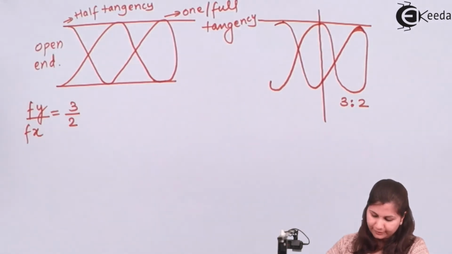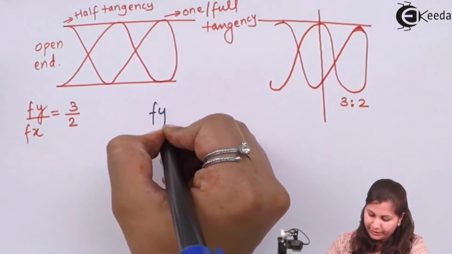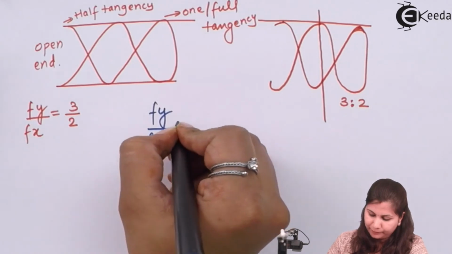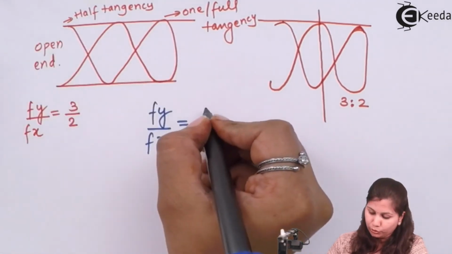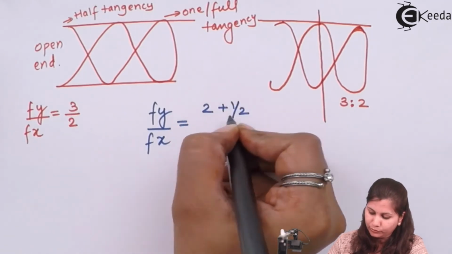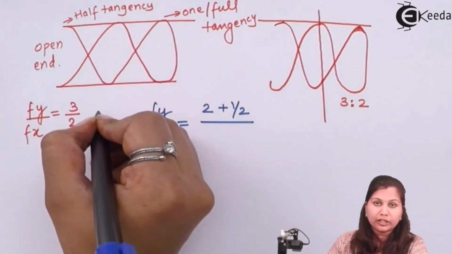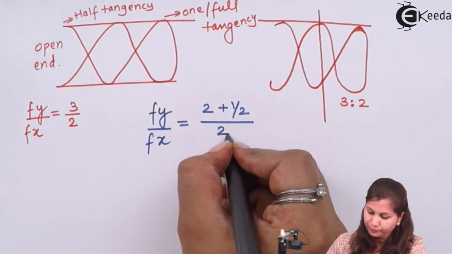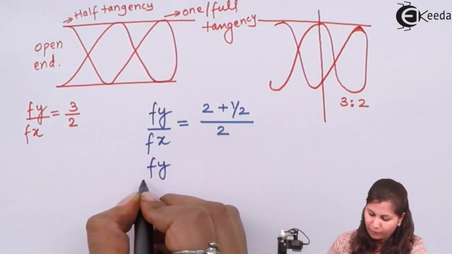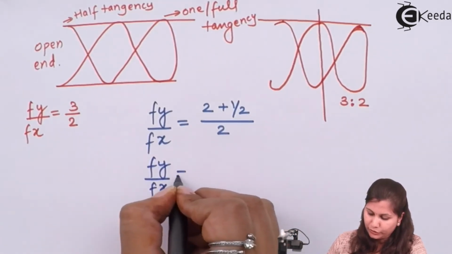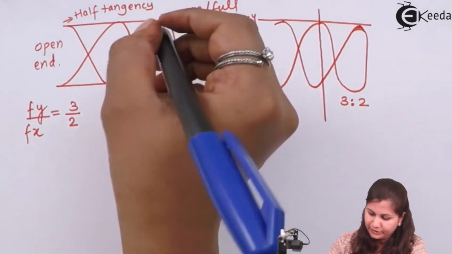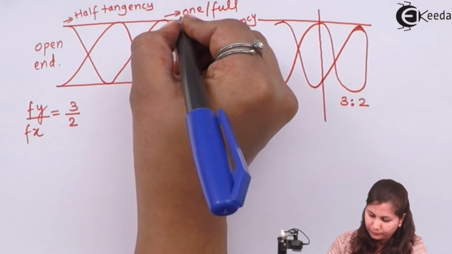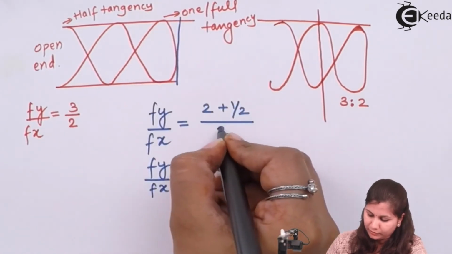In this way, for Fy upon Fx, here we will have 1, 2 and a half, so 2 plus 1 by 2, and if we see the vertical tangency, it will be 1.